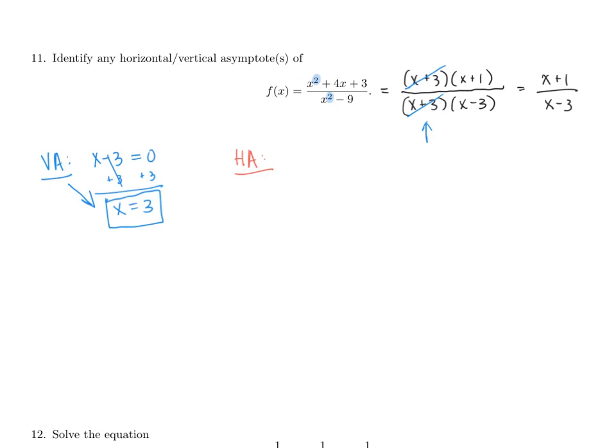So the coefficient of this x squared is 1, and the coefficient of this x squared is 1. So you're going to have y equals 1 over 1, which is just 1. So y equals 1 is your horizontal asymptote. And that's if the degrees match. That's what you do. All right.